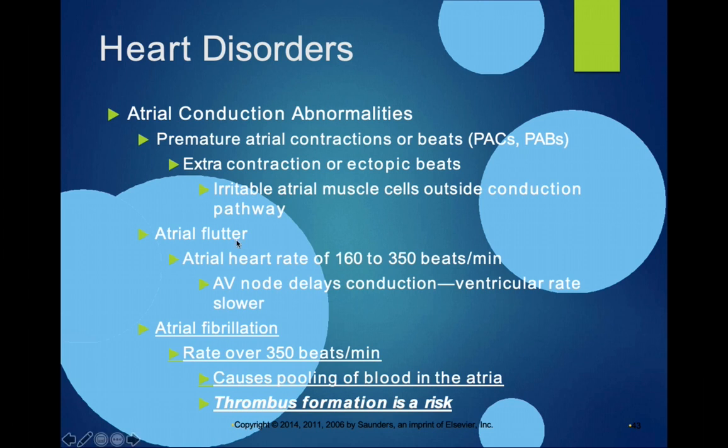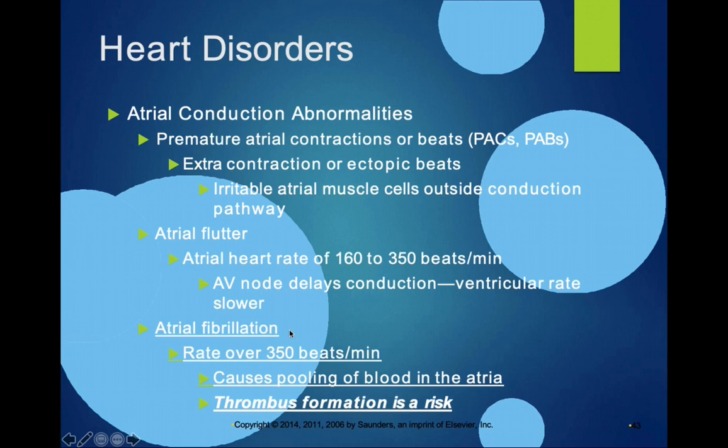Atrial flutter. This is when the atrial heart rate goes from 160 to 350 beats per minute. I mean, that's a flutter, okay? The AV node delays conduction, so the ventricular rate is slower. Now, what's more common that I'm sure many of you have heard is AFib.